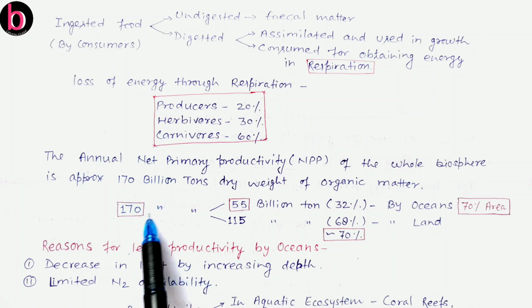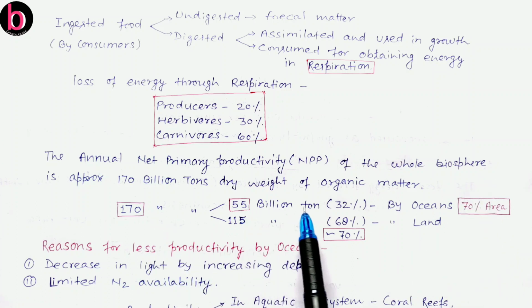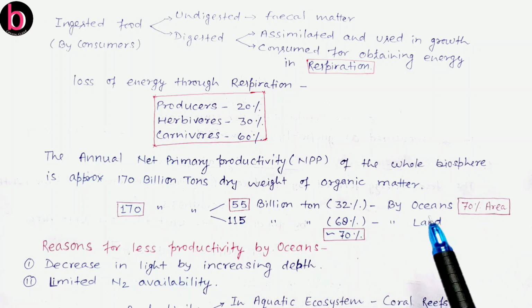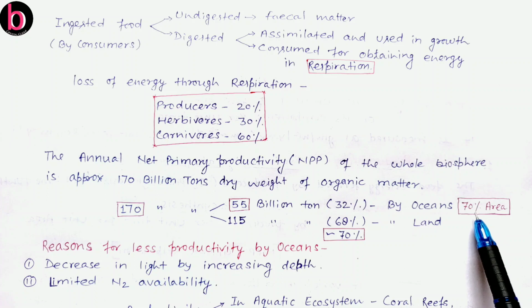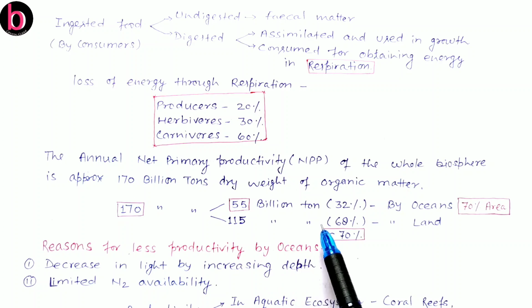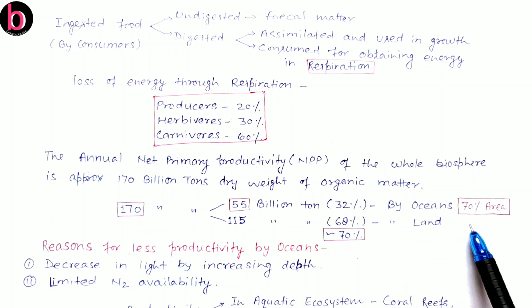Out of this 170 billion tons, 55 billion tons, nearly 32%, is produced by oceans, which occupy nearly 70% of the biosphere, while 115 billion tons, nearly 68%, is produced by land area, which carries nearly 30% of the biosphere. In NCERT this is given as about 70%. So 68 or 70, we may consider both nearly the same.